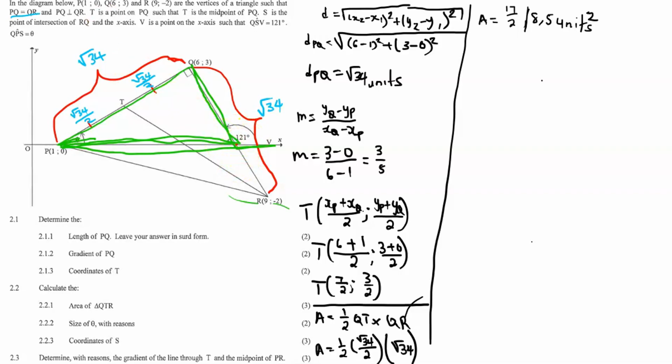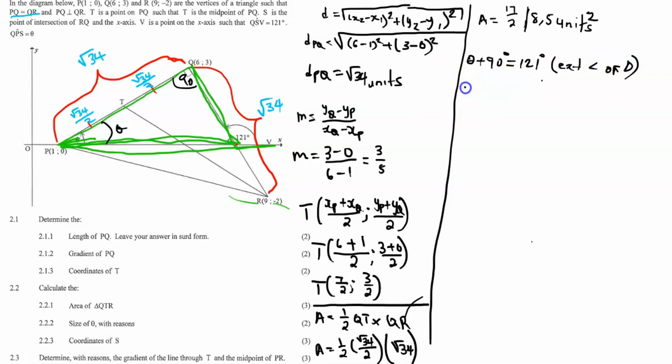Now since we have that 121, we know that the exterior angle of a triangle is equal to the sum of the opposite interior angles. So this one is theta, this one is 90, so we do know them. Now we can just say theta plus 90 equals 121 degrees, and the reason is the exterior angle of a triangle.